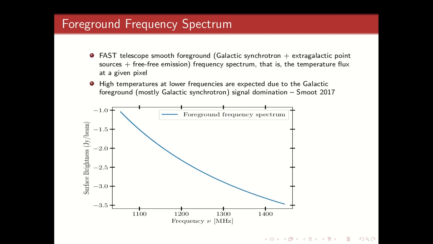This is a simulation of the frequency spectrum for galactic synchrotron, the galactic point sources, and the free-free emission. It shows the temperature at a given pixel, and the higher temperature at lower frequencies is expected due to the domination of the galactic foreground signal.